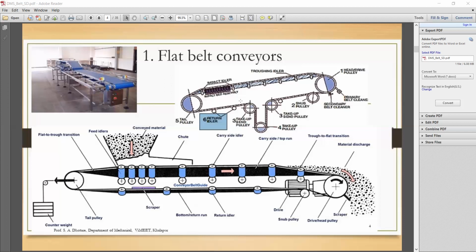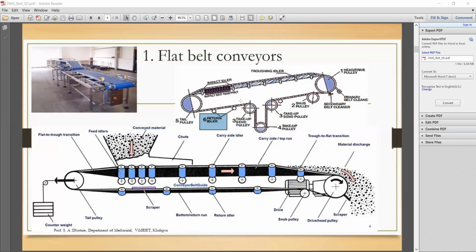The belt conveyor can be operated over a long distance because the longest belts can be designed using a flat belt conveyor. The belt conveyor can be easily adapted to the natural contours of the ground.